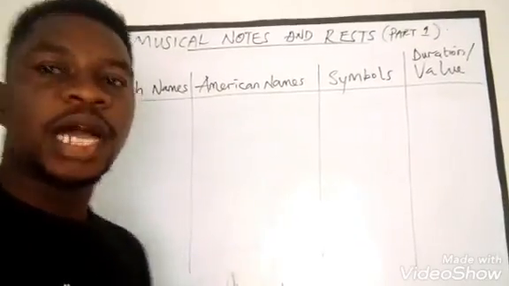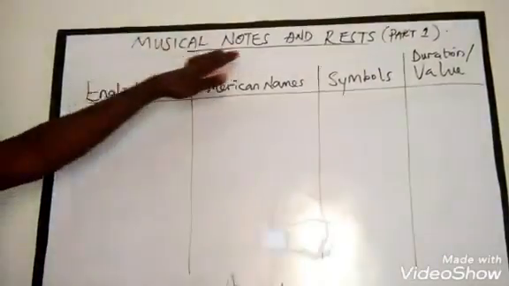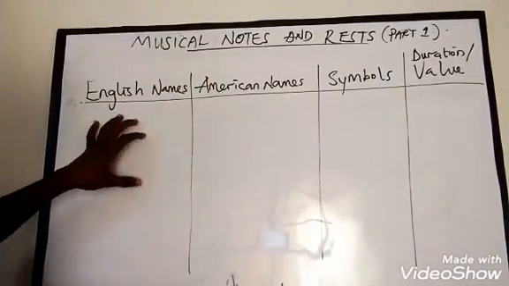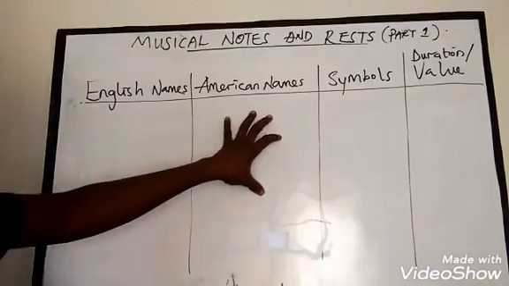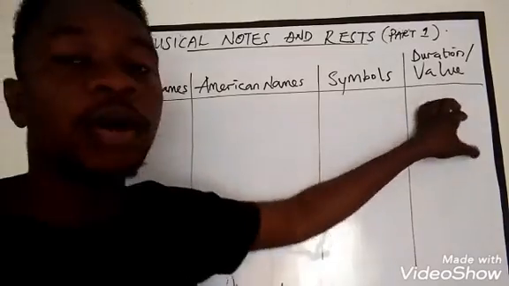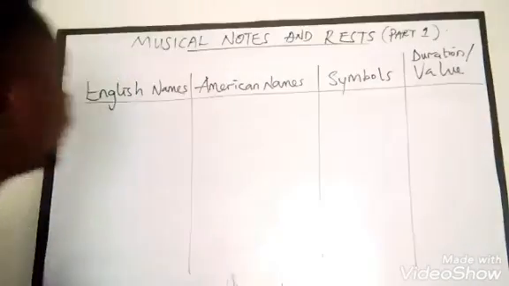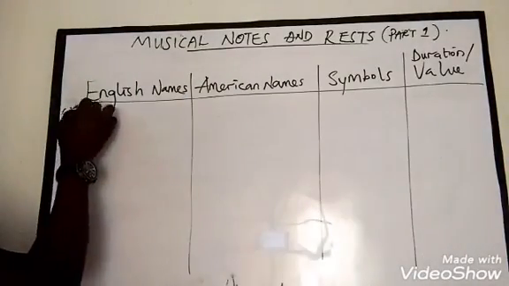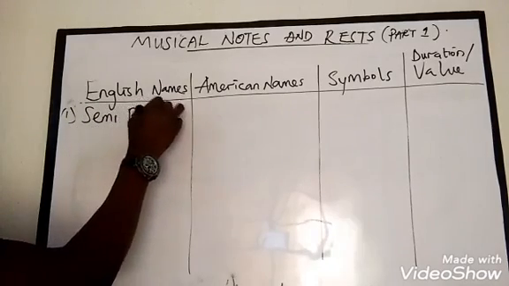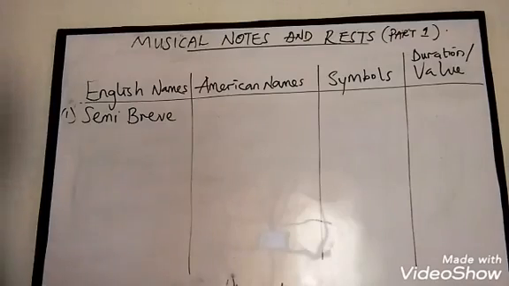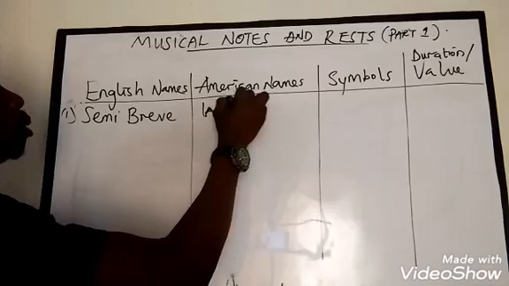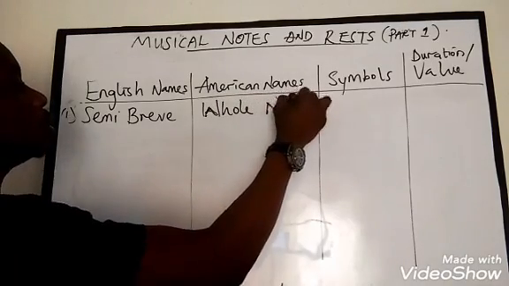So now I want to represent these musical notes in tabular form. Then we can talk about their real name, their American names, the symbol that represents each musical note, and the value of each musical note. So the first one is the semibreve, which is called the whole note.